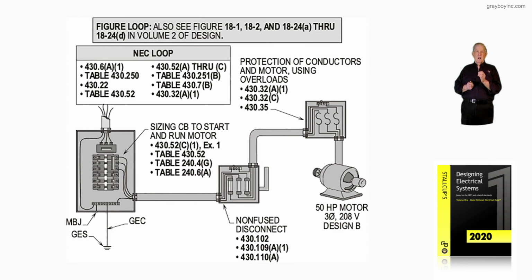So table 240.4G is the main table that we're using here. And in the next illustration, we will demonstrate sizing conductors and the overload current protection device in accordance with the NEC.